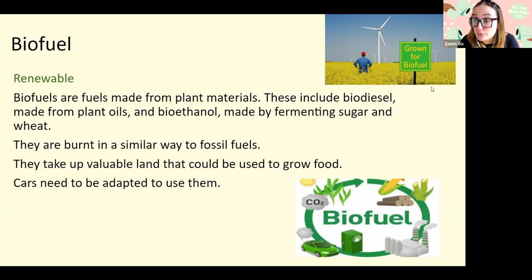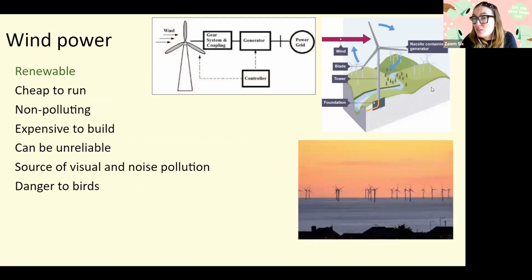So that's biofuel. Now, another really common one, and one that you probably, again, know a little bit about already, is wind power. And wind power is renewable. We don't use up the wind as we use it to turn turbines. It's cheap to run. Once you've set it all up, it just keeps going.